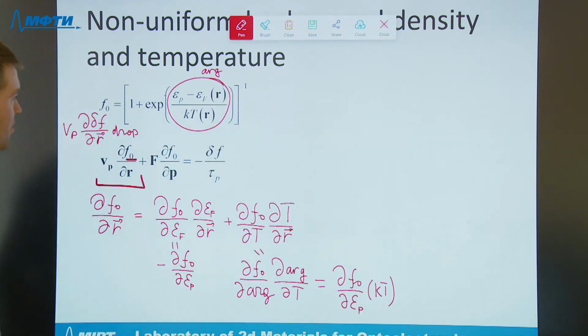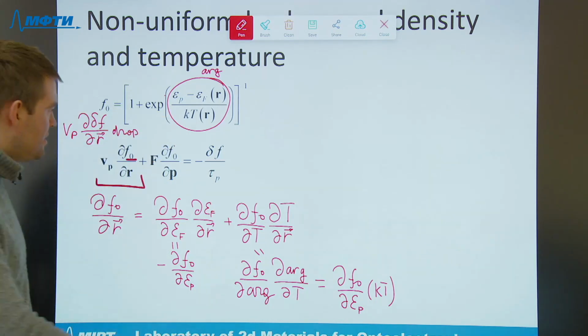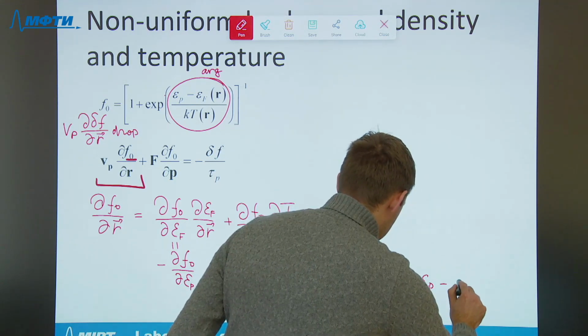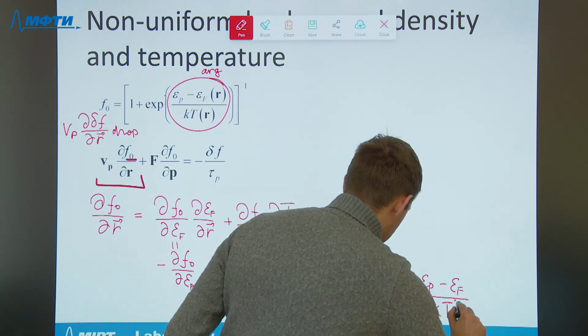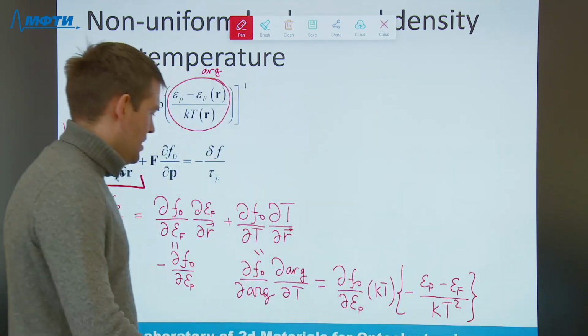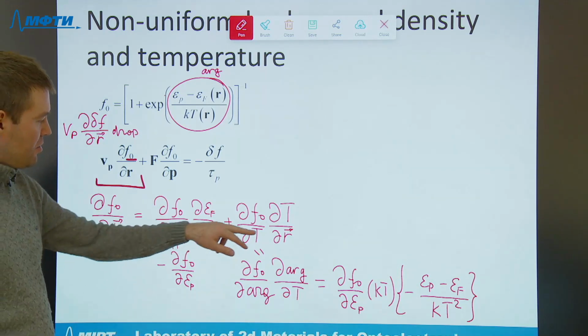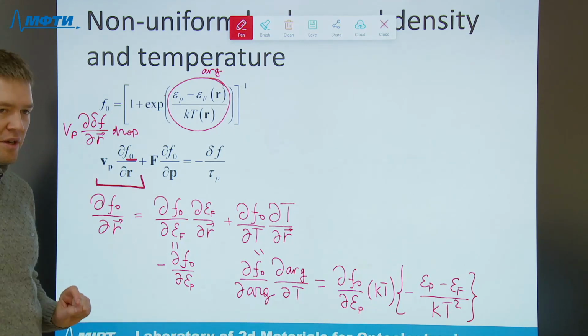And the derivative of the argument of the distribution function with respect to kT is easily evaluated. It is minus energy reckoned from the Fermi level divided by kT squared. So we have expressed all the derivatives of distribution function with respect to space via gradients of temperature and Fermi energy and derivative of distribution function with respect to energy itself.